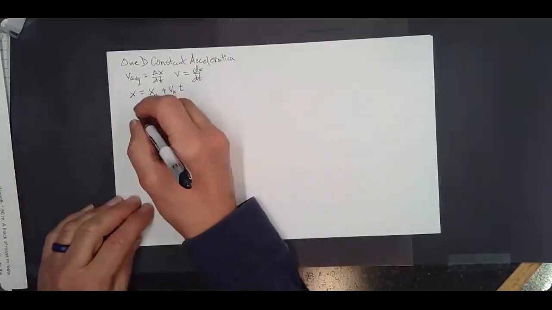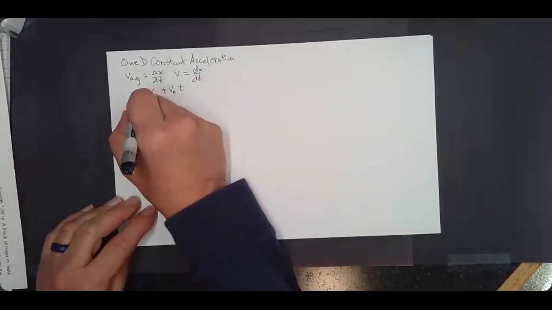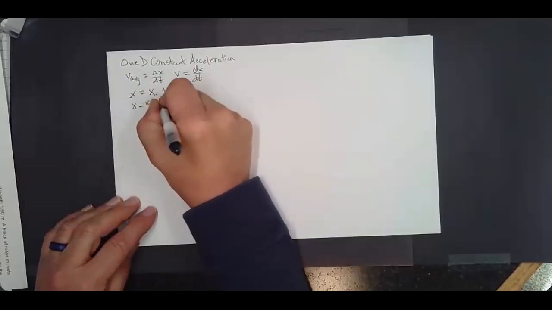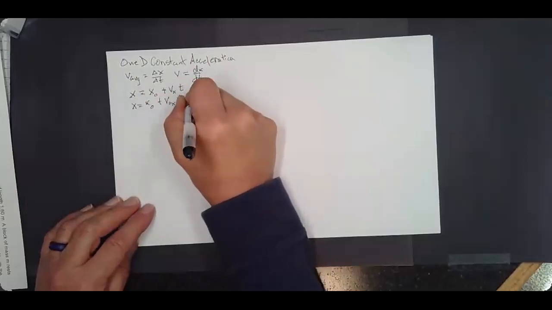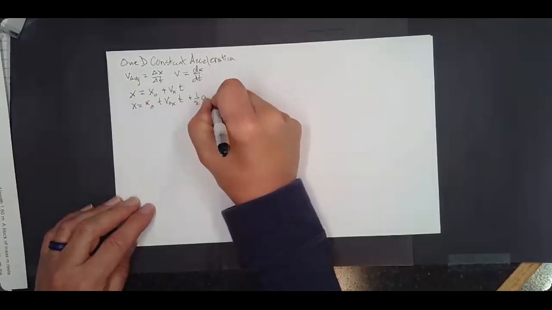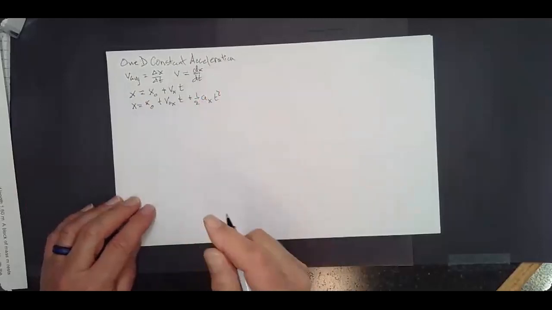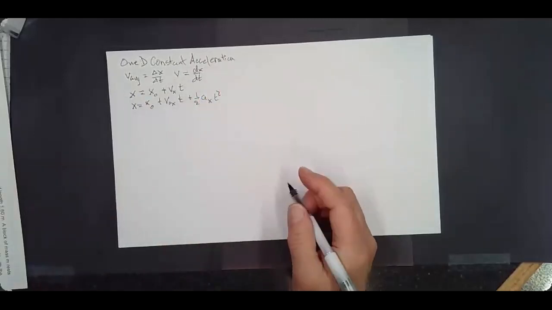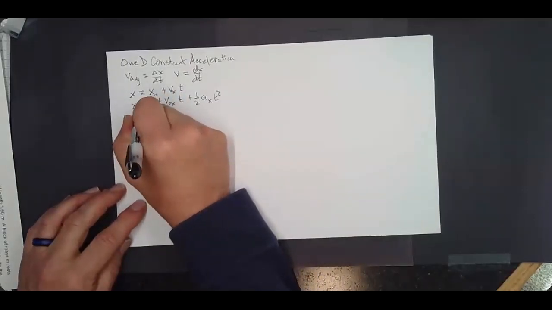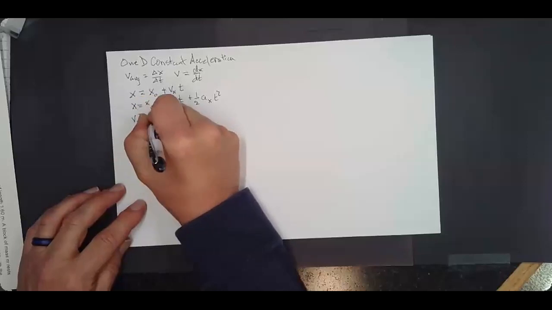If we do have acceleration, then x is going to equal x naught plus v naught x t plus 1/2 a sub x t squared. We could also write an equation with v sub x squared minus v naught x squared.